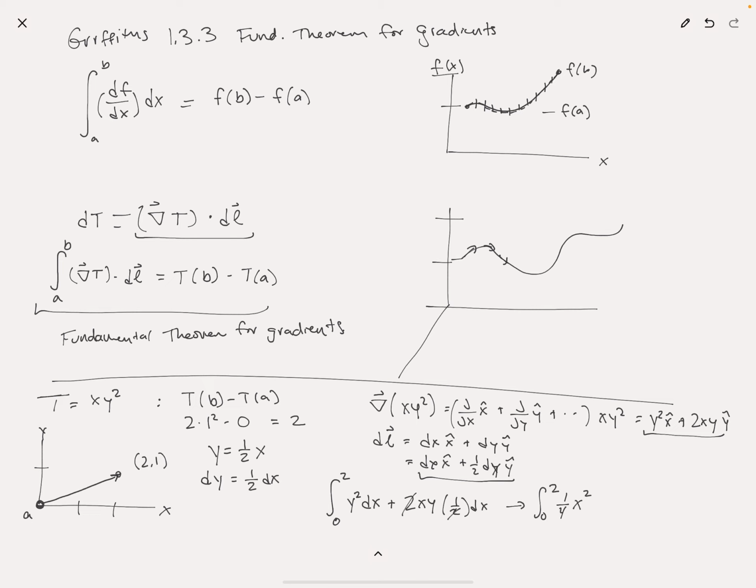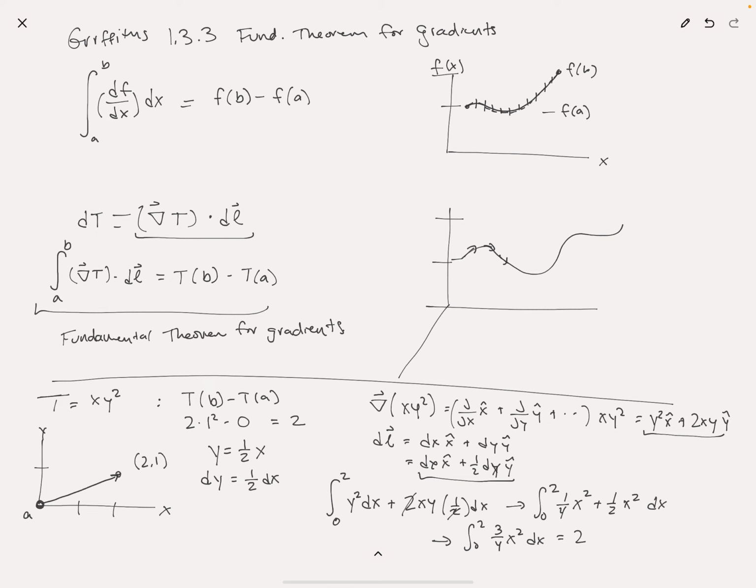My 2's cancel, plus 1/2 x squared, I think that's right, dx. All right, 1/4 plus 1/2 is 3/4. So I'm left with the integral from 0 to 2 of 3/4 x squared dx, which then equals 2.